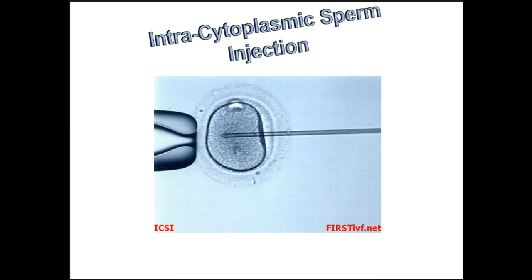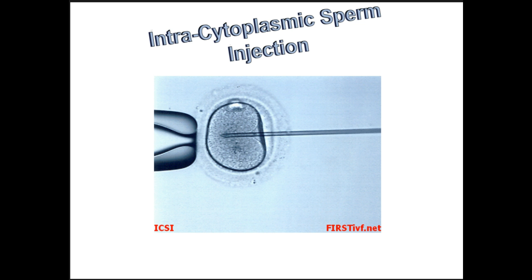Intra-Cytoplasmic Sperm Injection is another technique that can be used in biotechnology, in particular when creating different types of organisms. It's also used in couples who are having infertility issues. In this case, this is often used where the infertility issue is with the male, like let's say the male is not producing sufficient sperm in his ejaculate, or he's producing sperm that for whatever reason cannot swim.